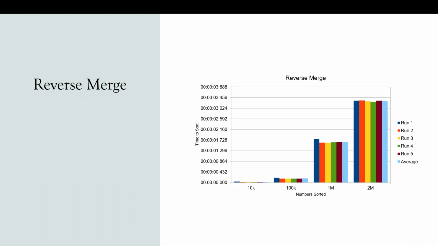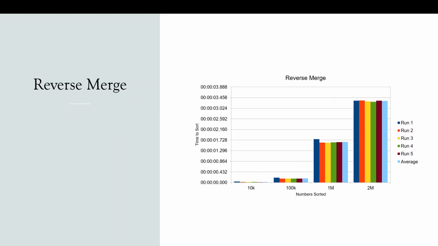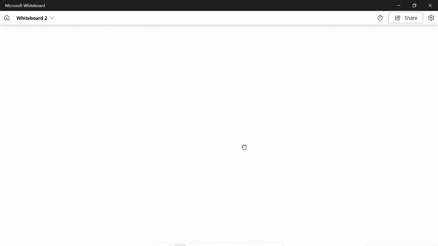And 2 million took 3 seconds, 317 milliseconds. That's very similar to the other steps it took. So as you can see, they're all pretty close together in their timings, despite having already sorted data, random data, and reverse data. So this is for one really main reason.